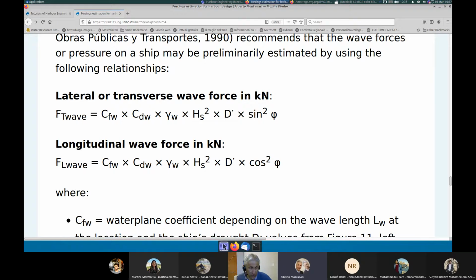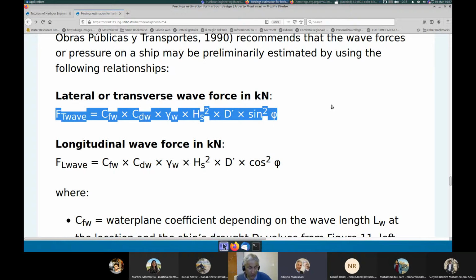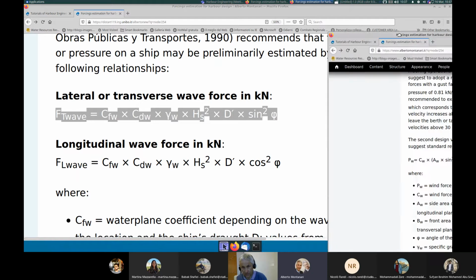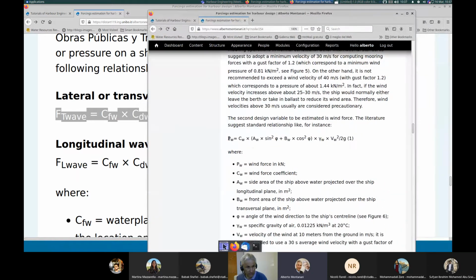If you could remember one of these two, along with the relationship for estimating the wind forcing, which I now put on the screen. It's this one. That would be great.